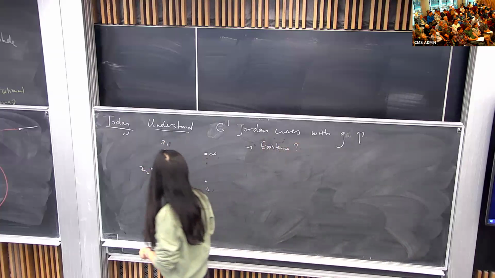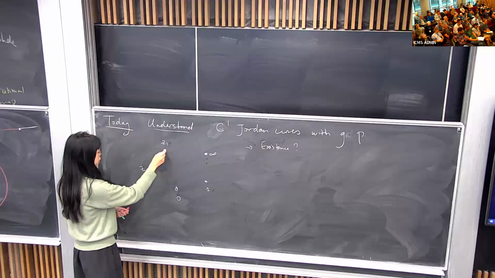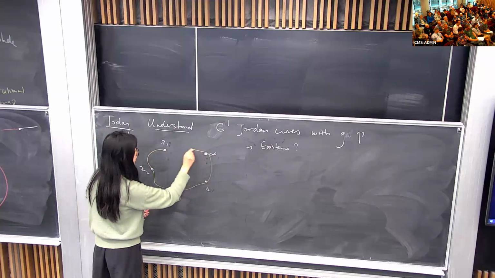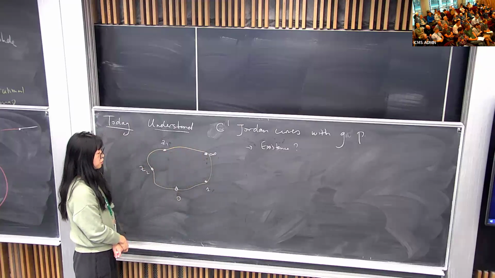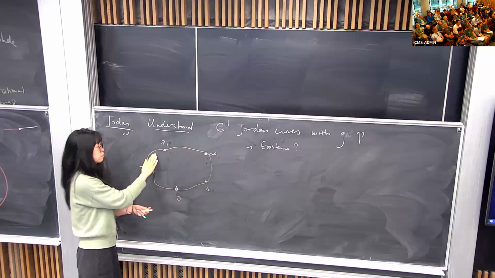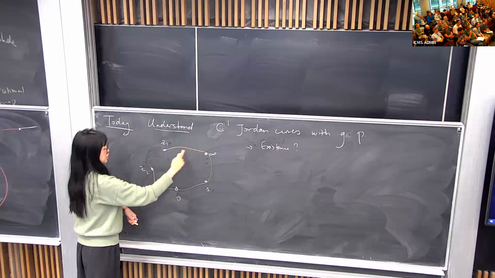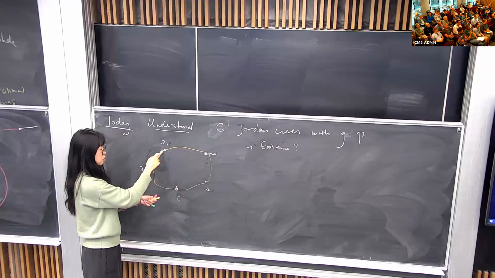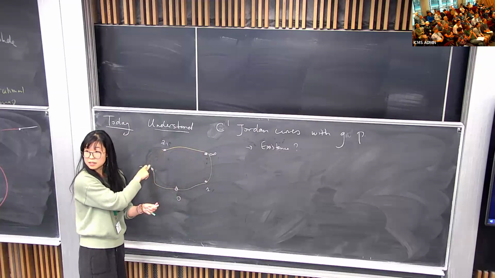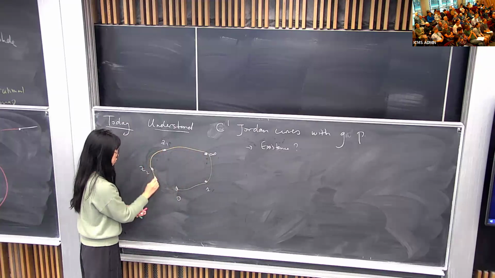One thing one can try to do is to start with an arbitrary curve. I want the geodesic property. I would just try to give an algorithm where every time I observe these 4 arcs, I replace this curve by the hyperbolic geodesic.